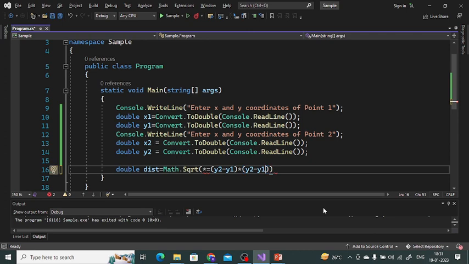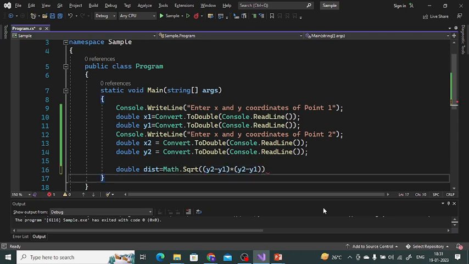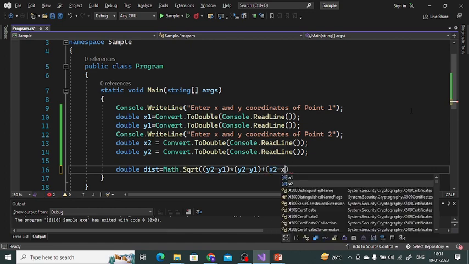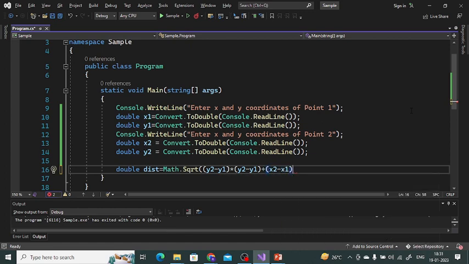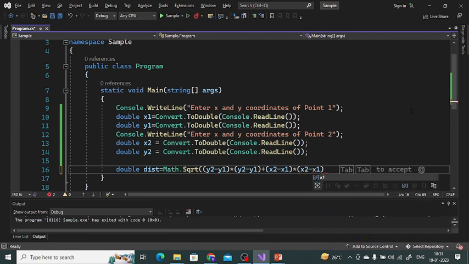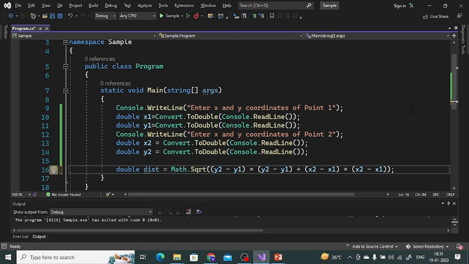Sorry, a lot of typing mistakes. So y2 minus y1 into y2 minus y1 plus x2 minus x1, again the whole square, so into x2 minus x1, and then the square root function, the brackets complete.